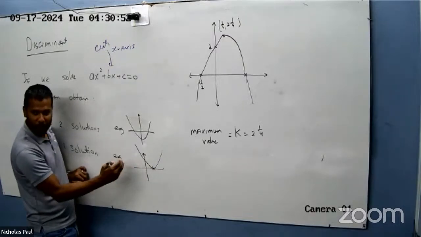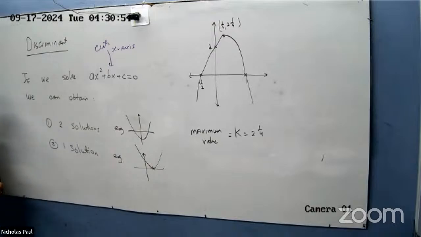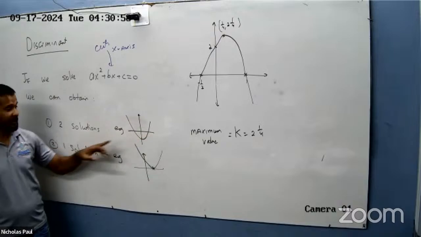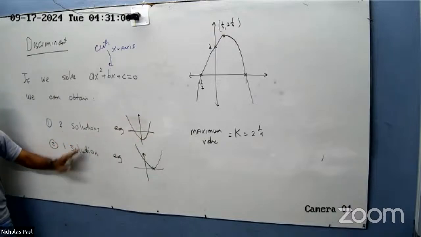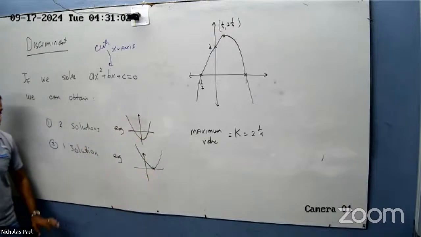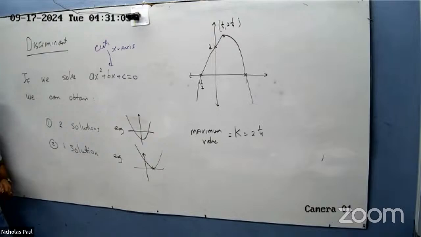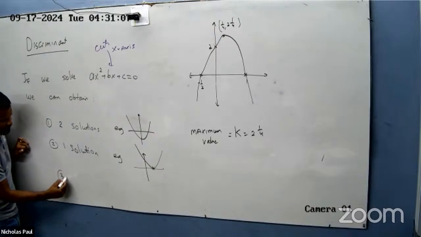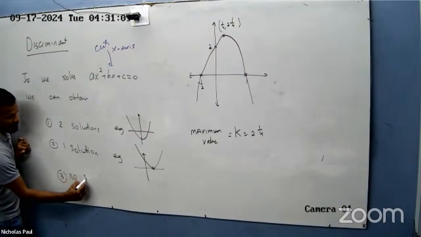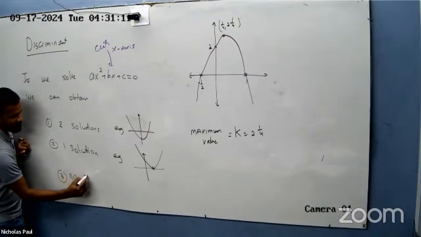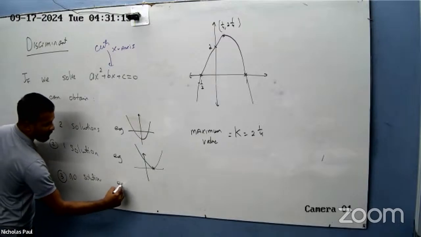So the turning point is where it cuts the x-axis. That's okay? So here it cuts two times, so I get two solutions. Here it cuts once, so I have one solution. And the last option is what again? The last option is no solution. How will that look?